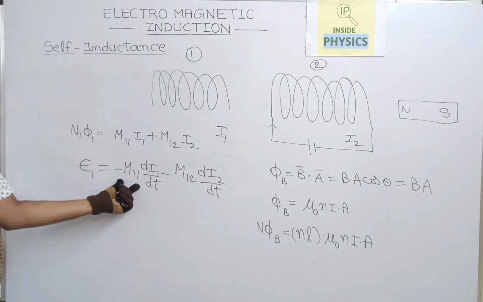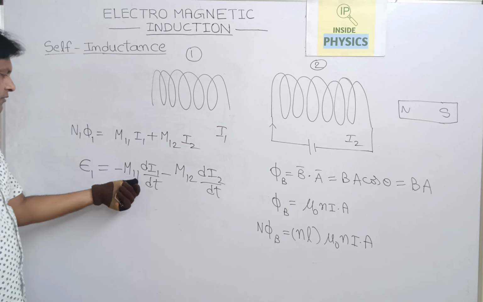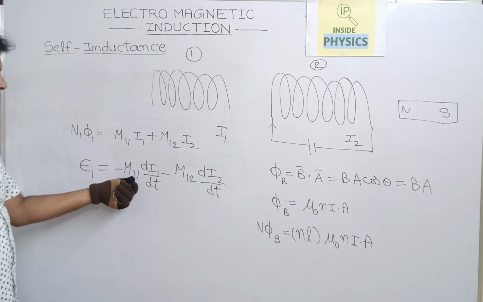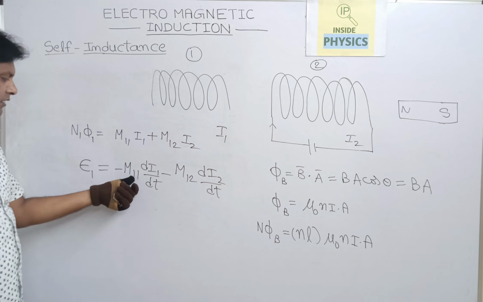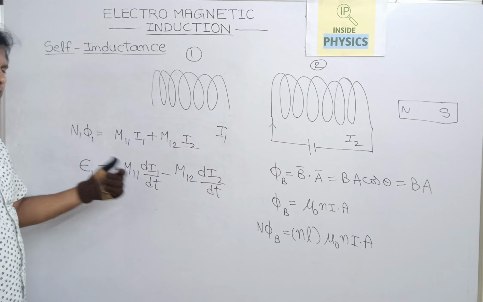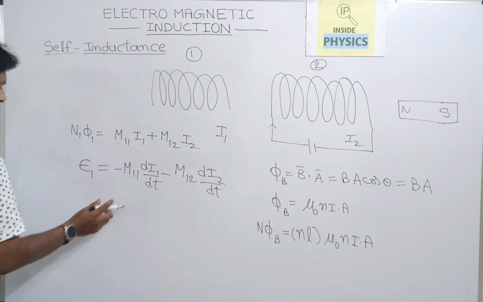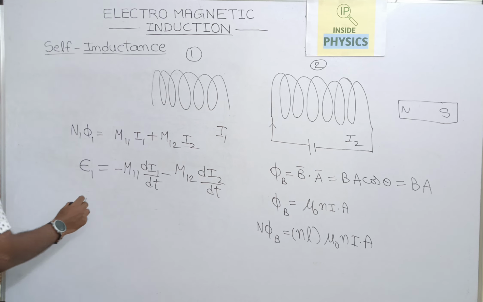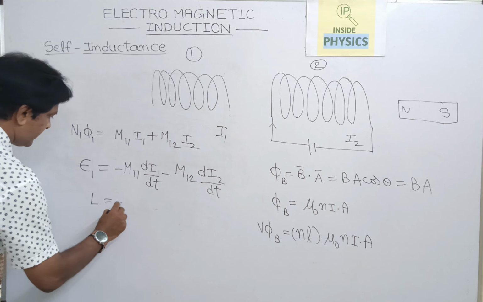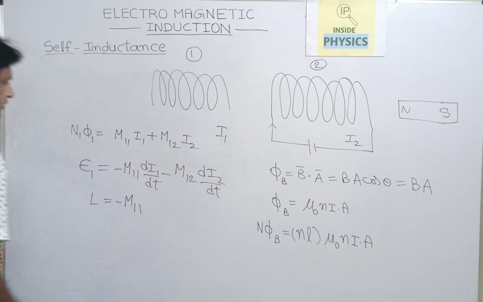If you observe M11, it is the EMF induced in 1 due to 1, the first coil only. So this can definitely be considered as L, the self inductance. So the coefficient of self inductance can be written as M11. This is how we calculate the coefficient of self inductance, or self induction.